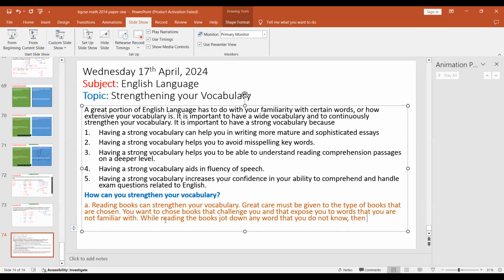Then search it up. You could either use a handheld dictionary, or you can go online and search up the word. Then find the correct meaning and pronunciation of the word.